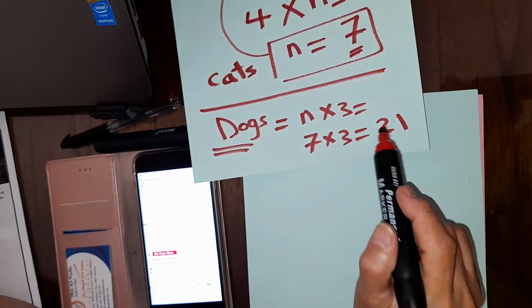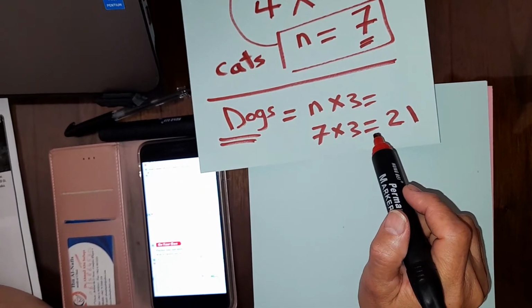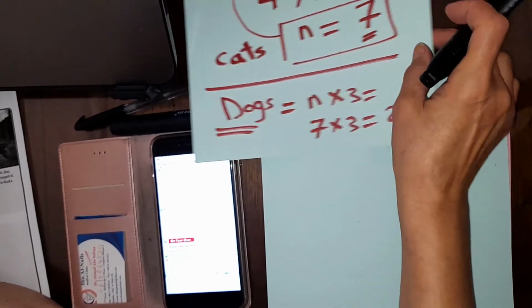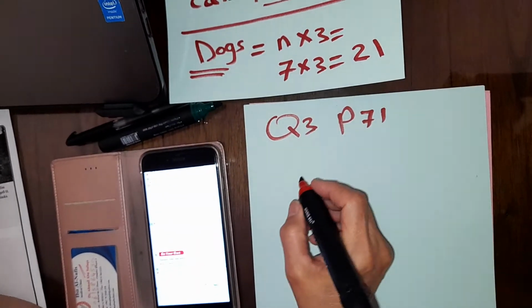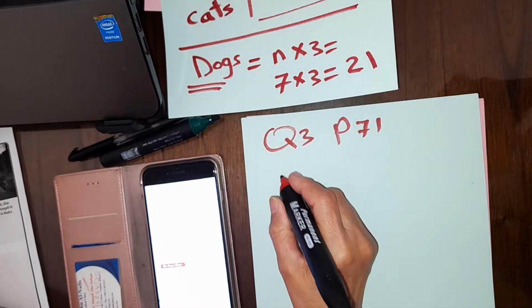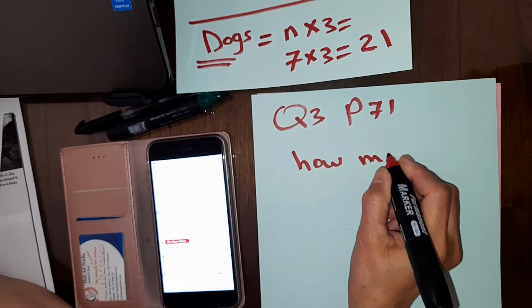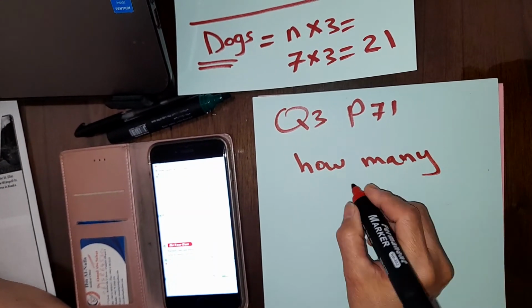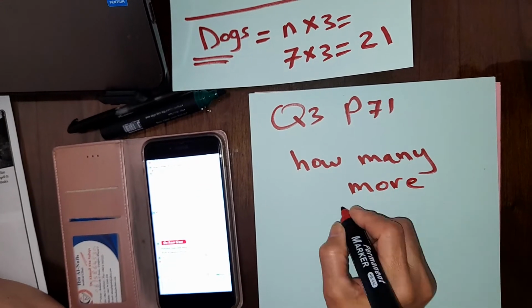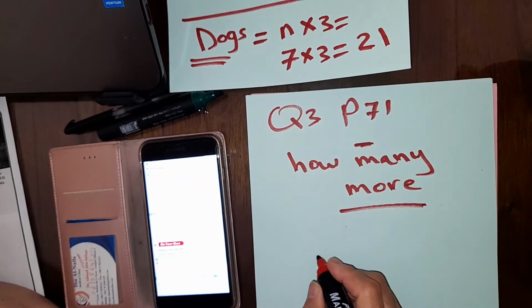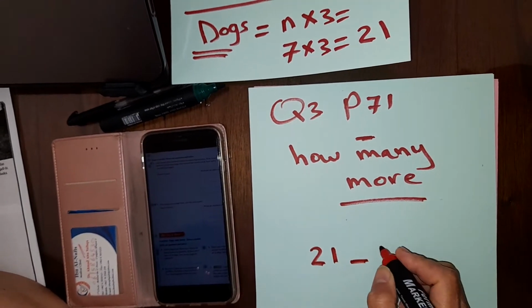How many are the dogs? 21. How many are the cats? 7. So to know how many more, you are going to subtract. How many more means you need to subtract. You will subtract 21 minus 7.